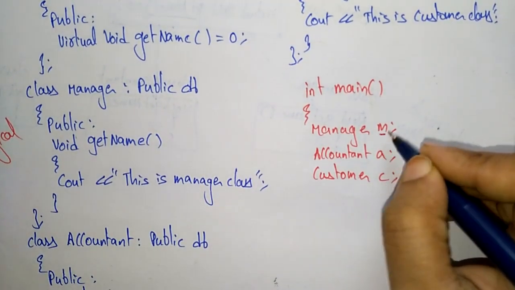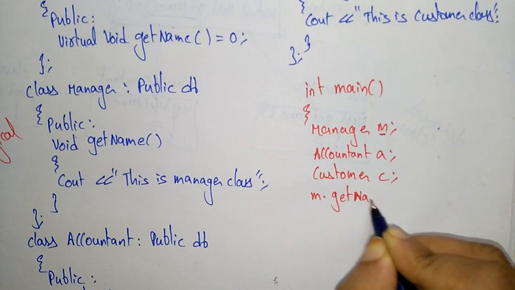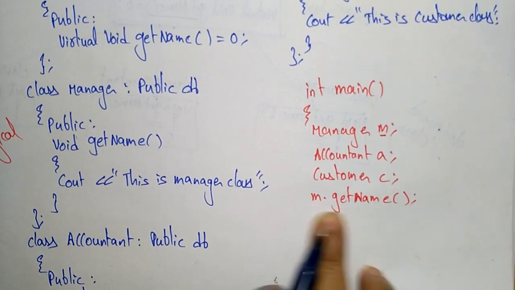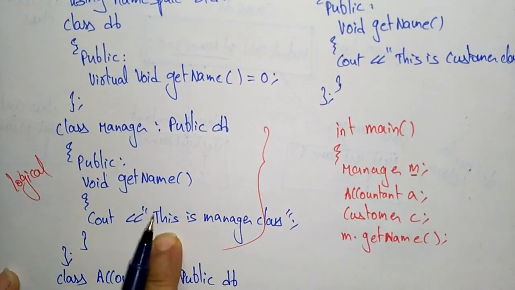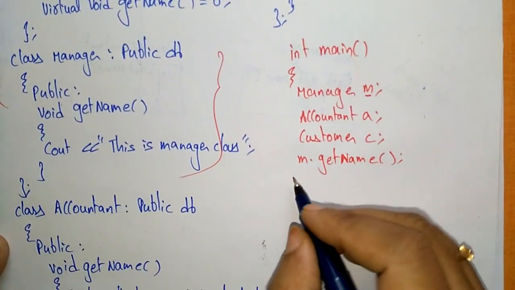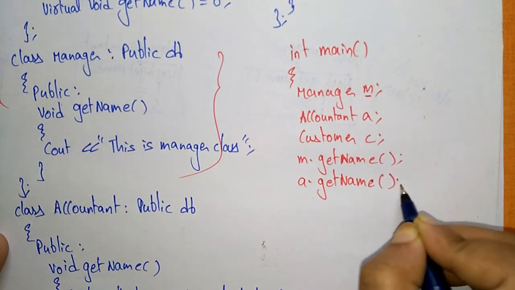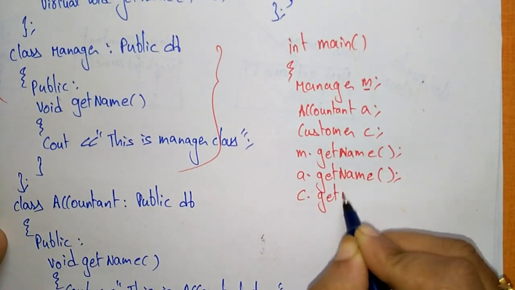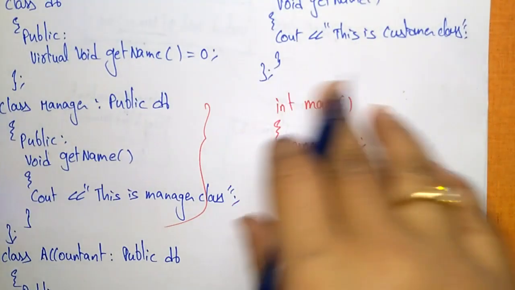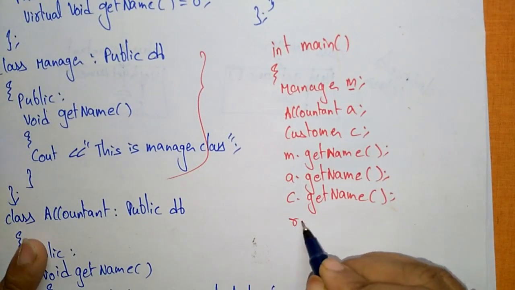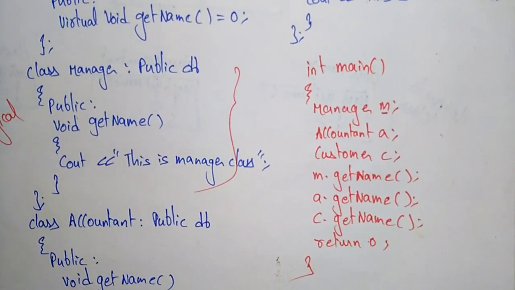Now with the help of the objects, you just call those functions: m.getName, a.getName, and then c.getName. So it prints, this is manager class, this is accountant class, and this is customer class. Just return 0. Close the main. Is it clear?